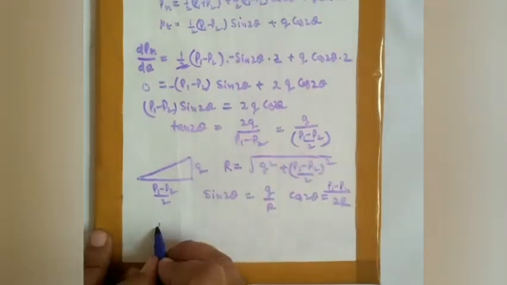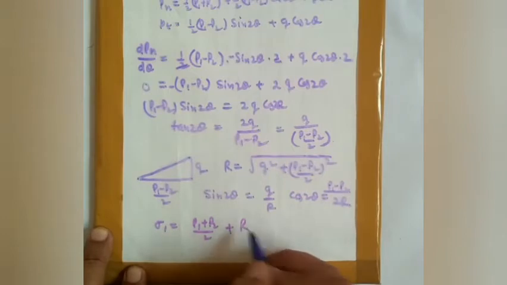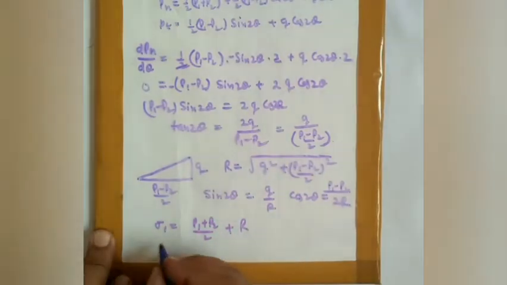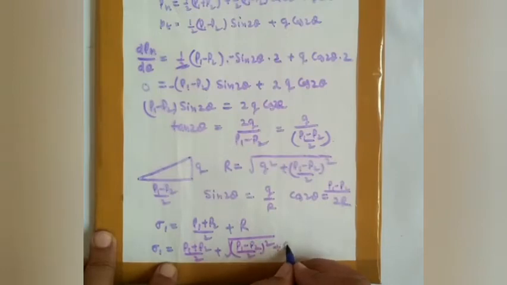So we get sigma 1 is equal to (P1 plus P2) by 2 plus r, or sigma 1 is equal to (P1 plus P2) by 2 plus root of ((P1 minus P2) by 2) whole square plus q square.